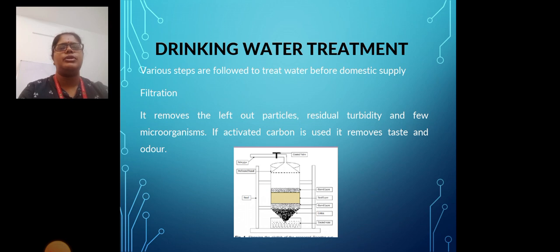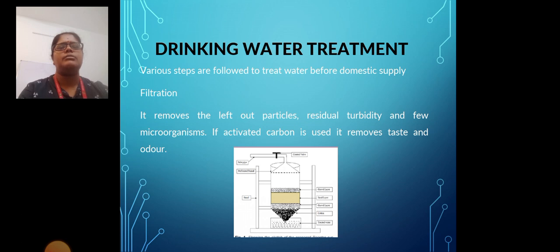The filtration process removes the left out particles, residual turbidity and a few microorganisms. If activated carbon is used, it removes taste and odor from the water. Filtration consists of a filter bed which has gravel, sand, charcoal or activated carbon.